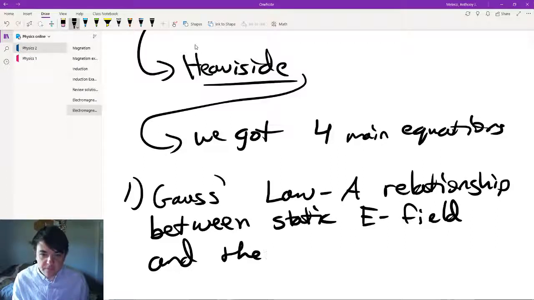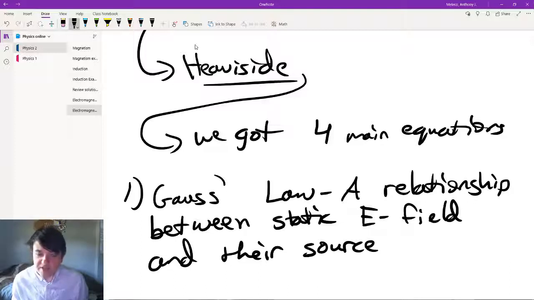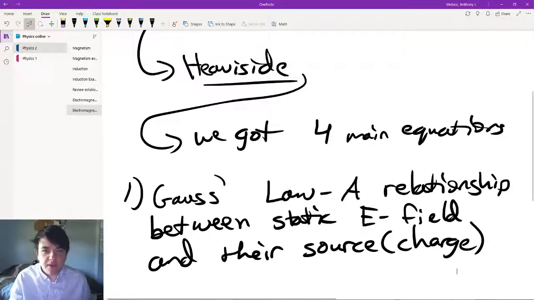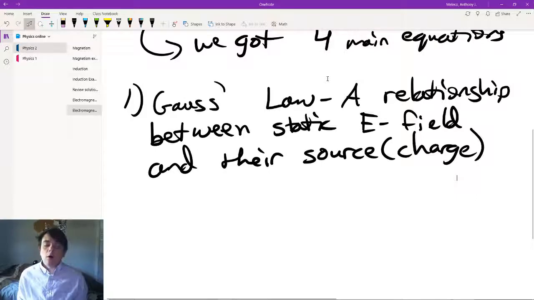And that happens to be the first of Maxwell's equations, or what is now known as Maxwell's equations. Like I said, there used to be quite a few more, but then Heaviside worked on it and summarized them.